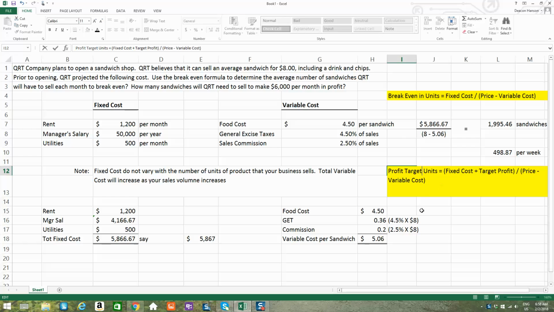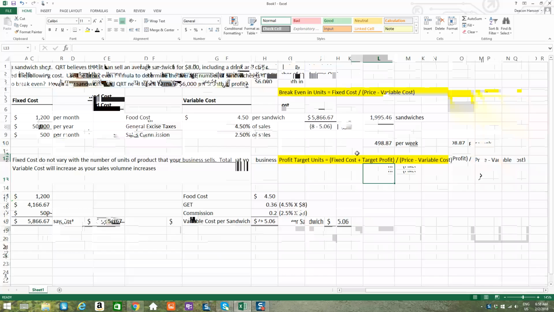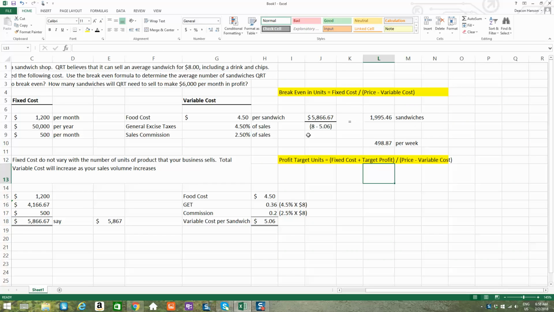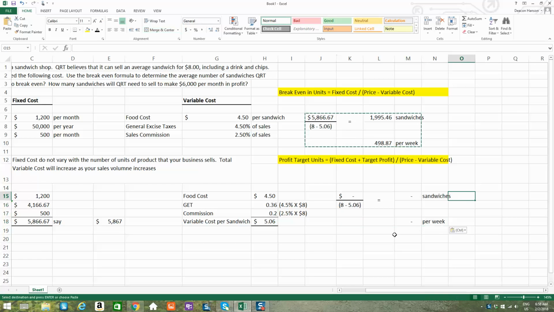If we wanted to figure out how many units we have to sell to hit a $6,000 per month profit, then all you would do is take this same formula that we have here. Okay. And we would take the numerator of 5,866. Let me clean this up for you.